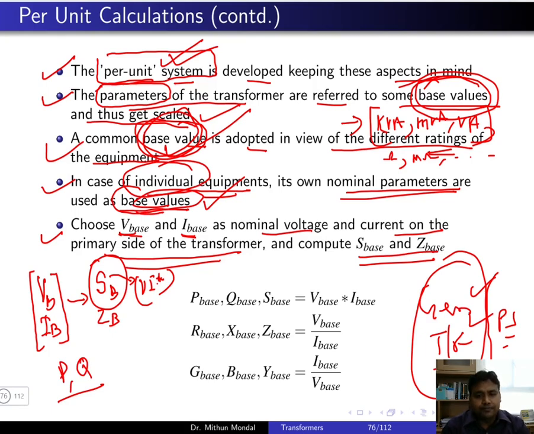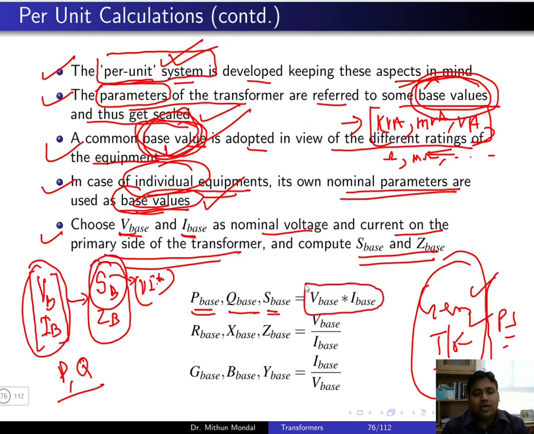Now, once we have set the value of voltage and current base, we obtain the power base and the impedance base. We can calculate the base power, that is the real power, reactive power and complex power all together, as the product of the voltage base and current base. So you can see here we are independent of the unit.